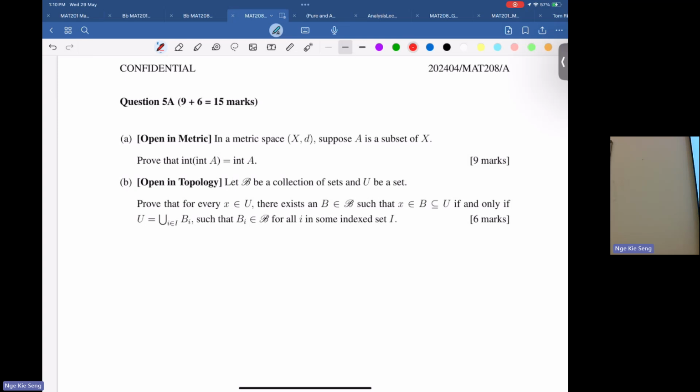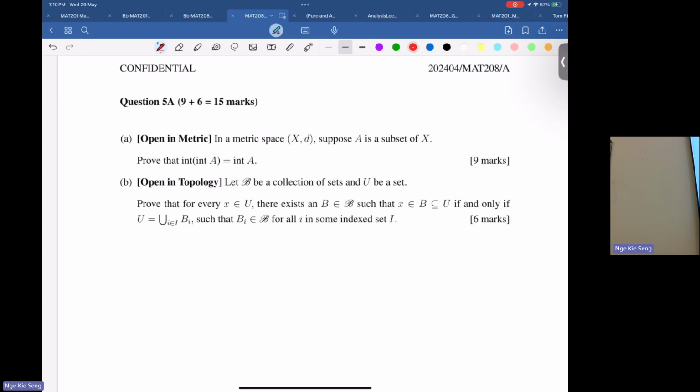For this one, you need to show that every point in int(int A) is in int A, and every point in int A is in int(int A). Which direction is easier? Right to left, or left to right? If you have a point in int A, what does it mean?